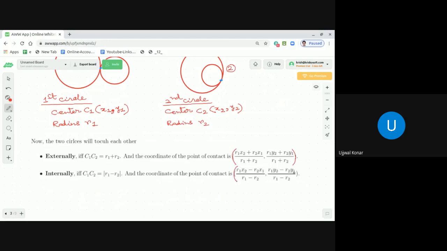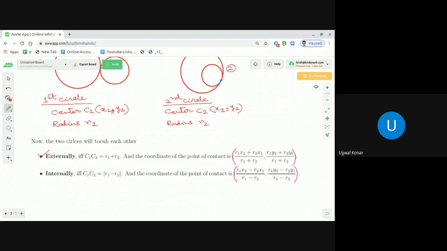If the two circles touch each other externally, C1C2 is equal to r1 plus r2, and the coordinates of the point of contact are (r1x2 plus r2x1) divided by (r1 plus r2), and (r1y2 plus r2y1) divided by (r1 plus r2).